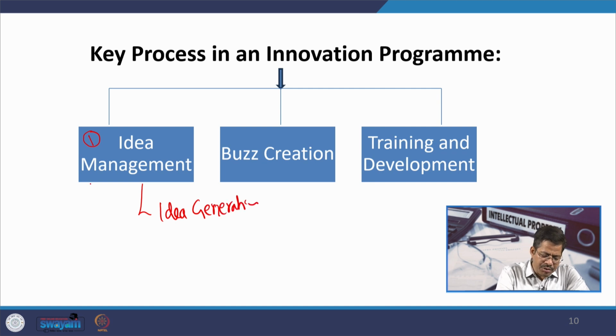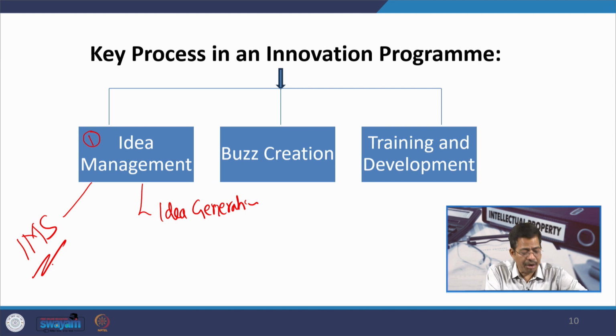In fact, I used to say that an organization should have a proper idea management system. How ideas will be generated, how ideas will be filtered, how ideas will be selected, all those things are part of your idea management system.